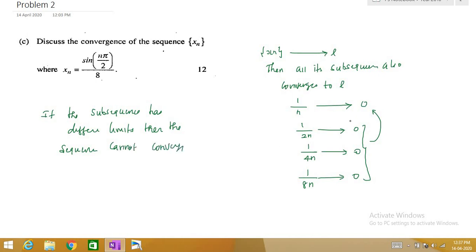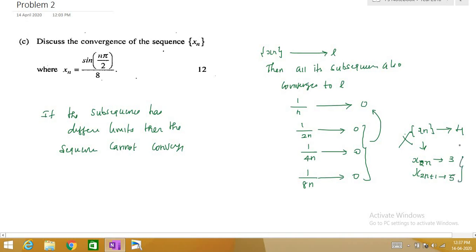Suppose we have a sequence xn, and let us say it converges to 4. Suppose we have a subsequence, let us say x2n, and this converges to 3. This cannot happen. Suppose the next subsequence converges to 5.